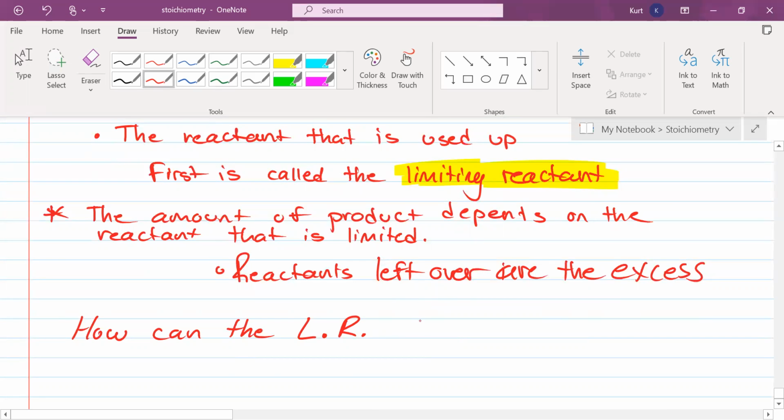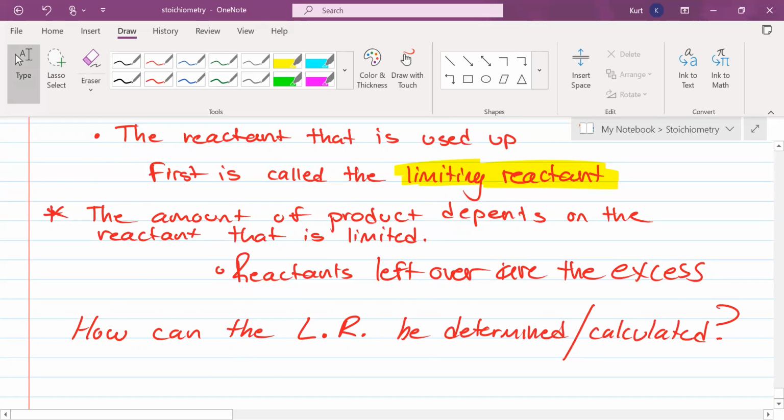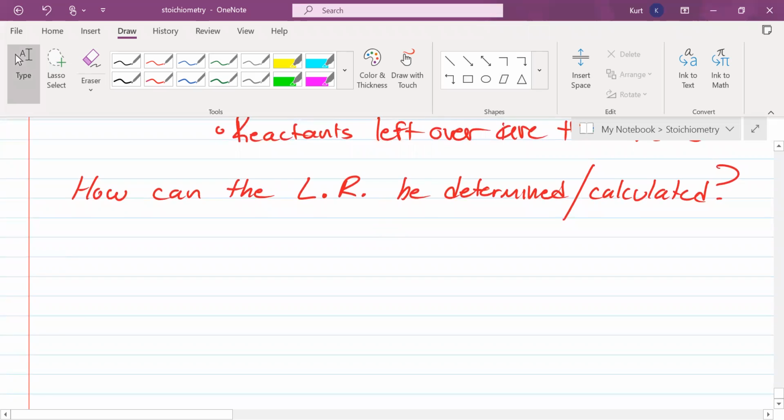How can the limiting reactant be determined or calculated? Well, let's do a test run. Okay. Here we go. Oh, first off, let me give you an equation.